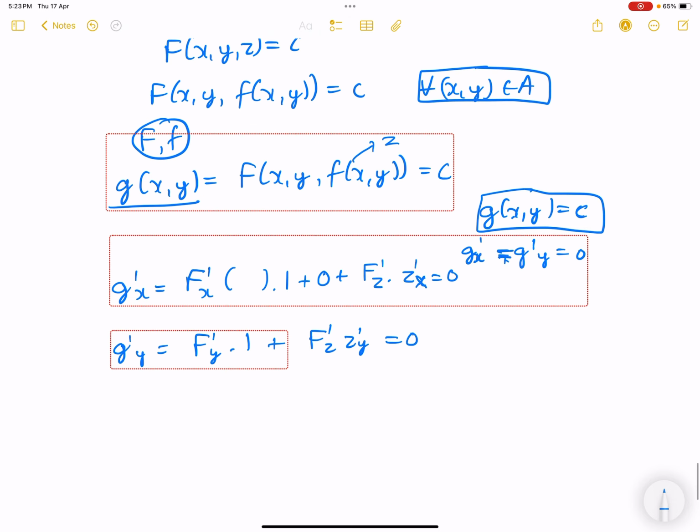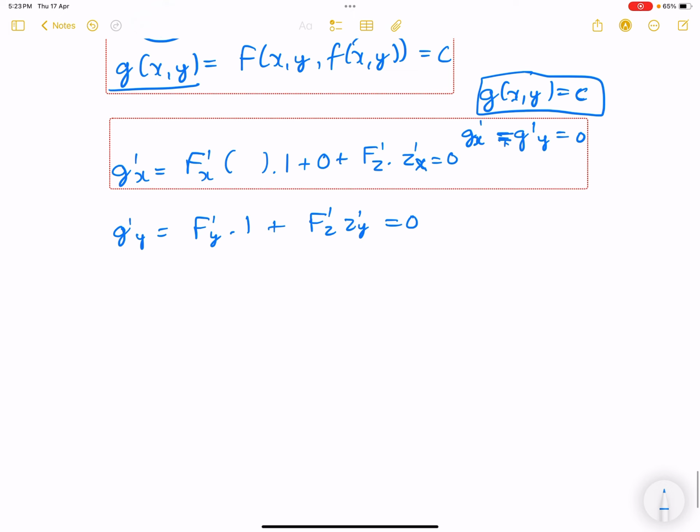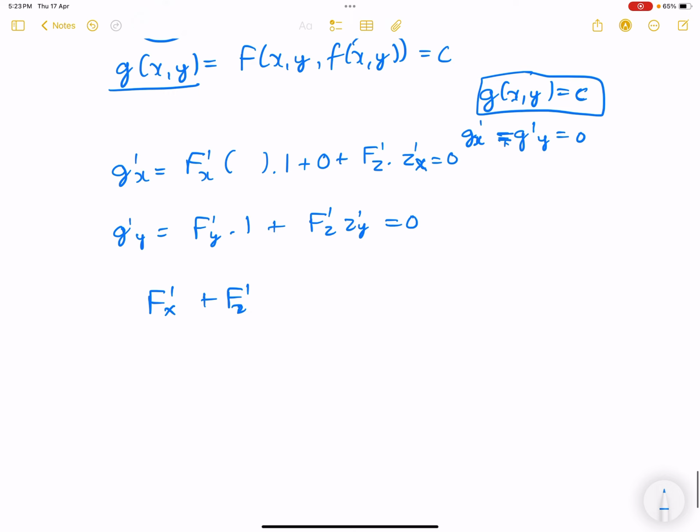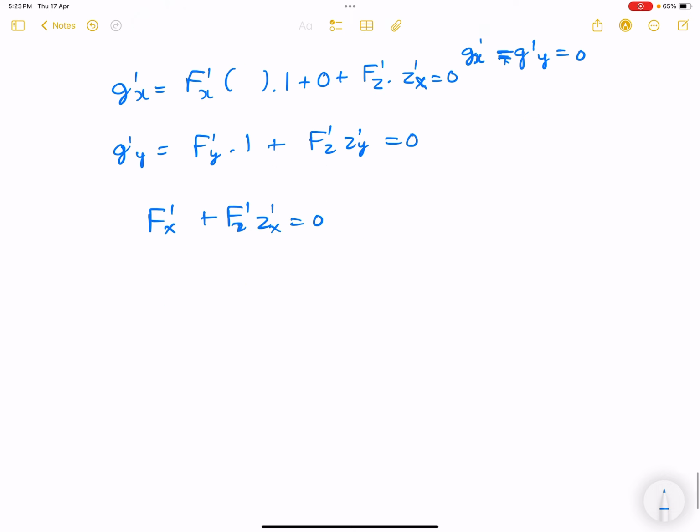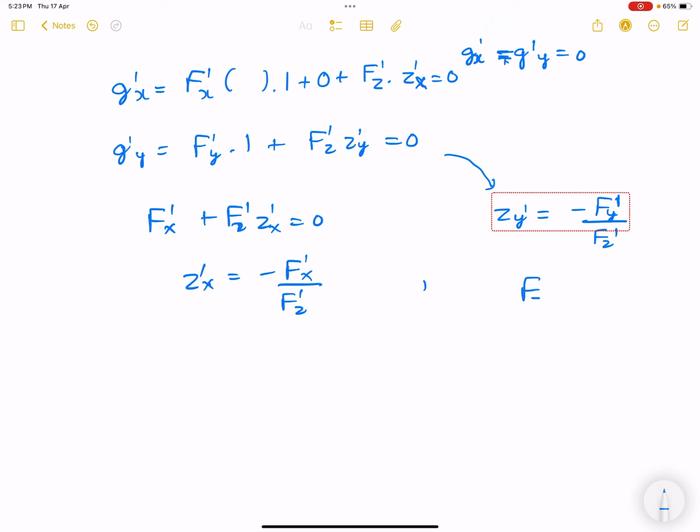Now solving this, the first equation is f'x plus f'z z'x equals 0. So z'x is coming out to be minus f'x upon f'z. Similarly, from the second equation we get z'y equals minus f'y upon f'z, and it is assumed that f'z is not equal to 0.